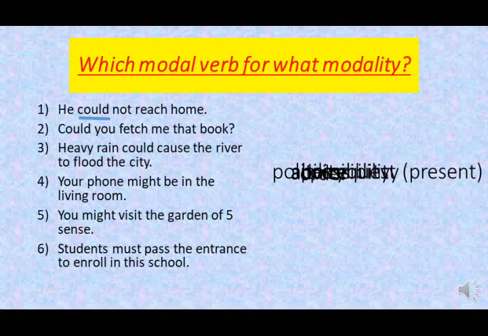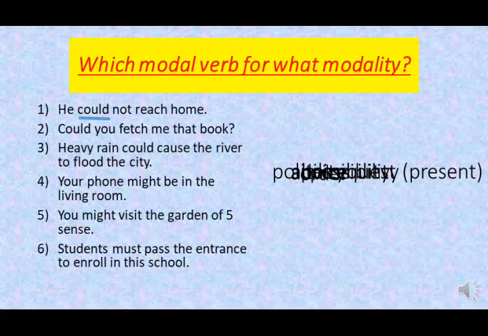So, possibility. Next one: your phone might be in the living room. Yes, the answer is might, because it's a lesser degree. As I said, we use might for possibility in a lesser degree.